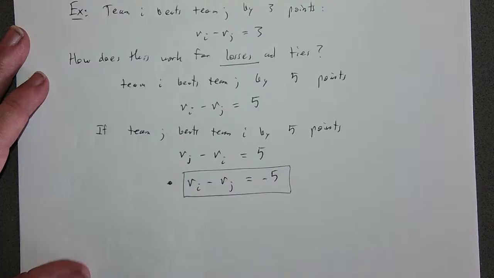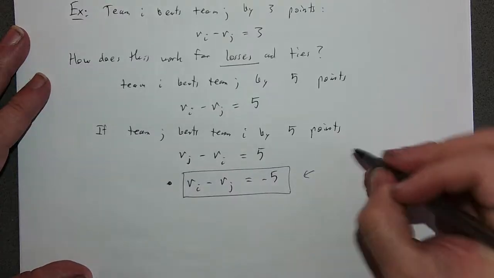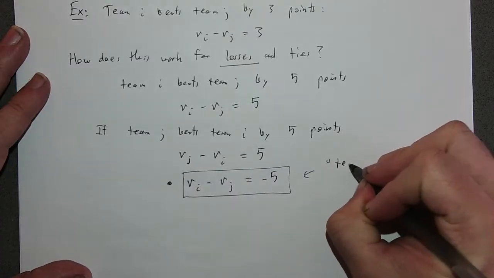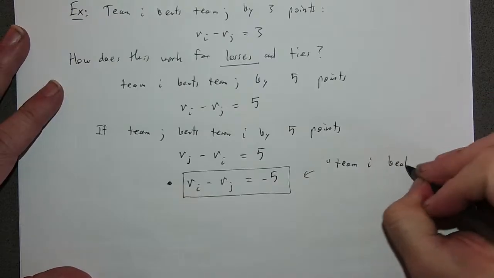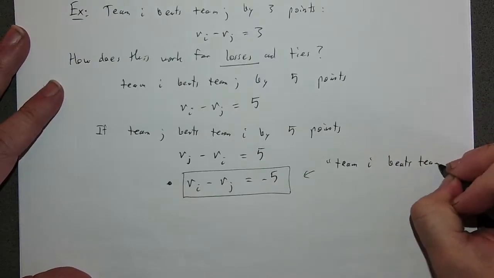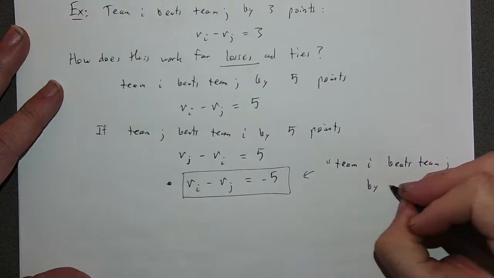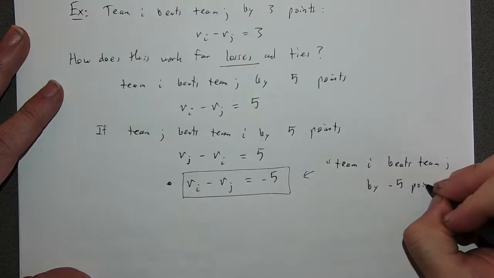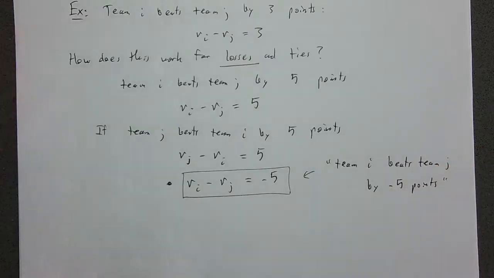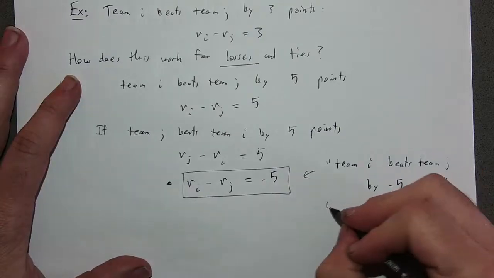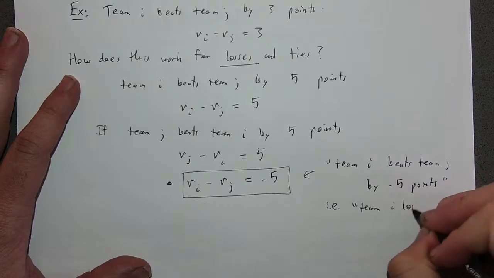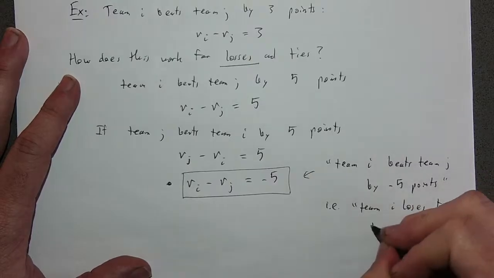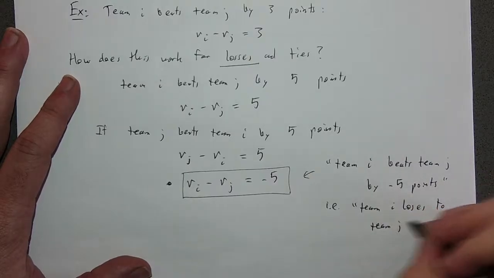So this is the same as saying Team I beats Team J by minus 5 points, i.e., Team I loses to Team J by 5 points.